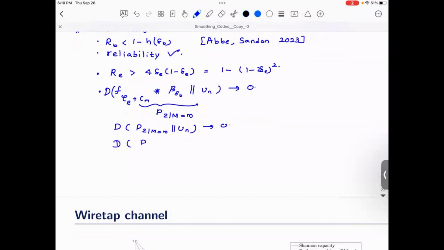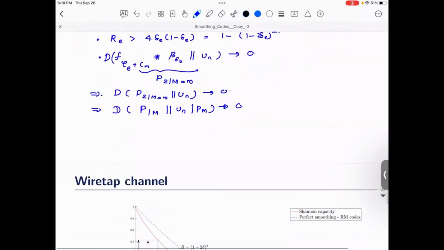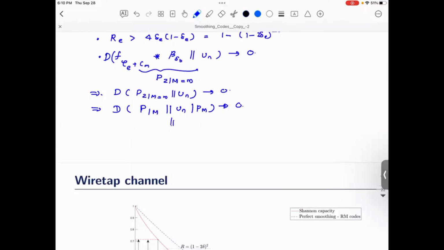When you average this over all messages, we know that this also goes to 0, and you can represent this quantity as something that has to go to 0.